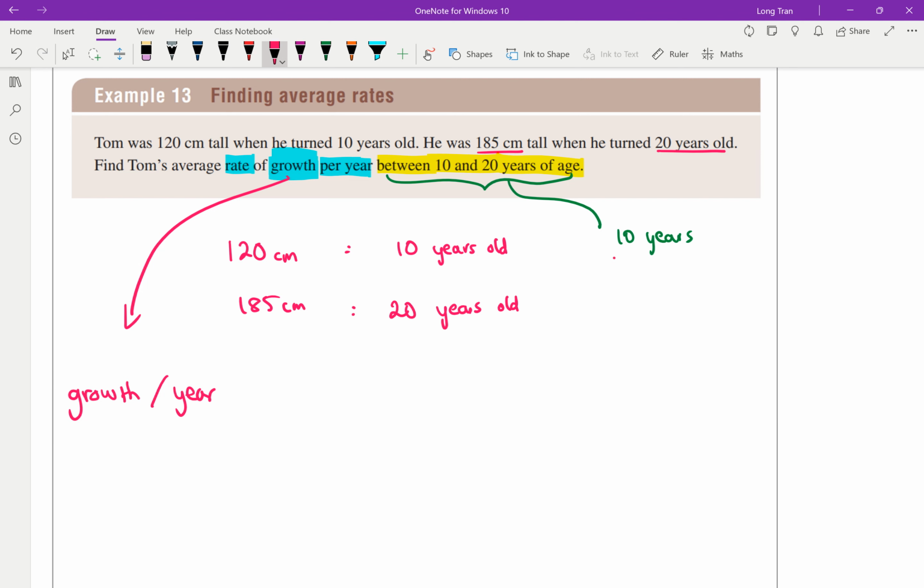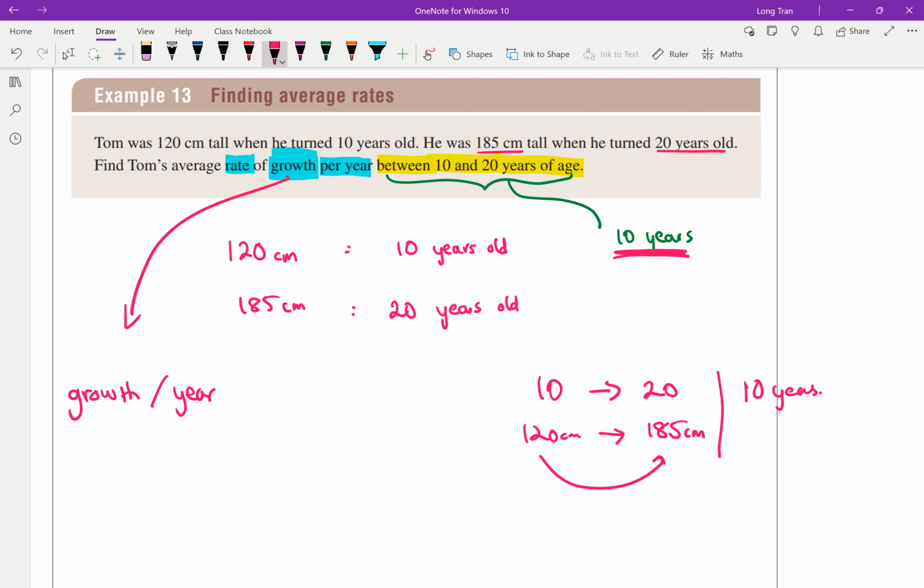So over this 10 years, how much has Tom grown overall? In 10 years, from 10 to 20 years old, he went from 120 centimeters to 185 centimeters. So after 10 years, he has grown from 120 to 185.